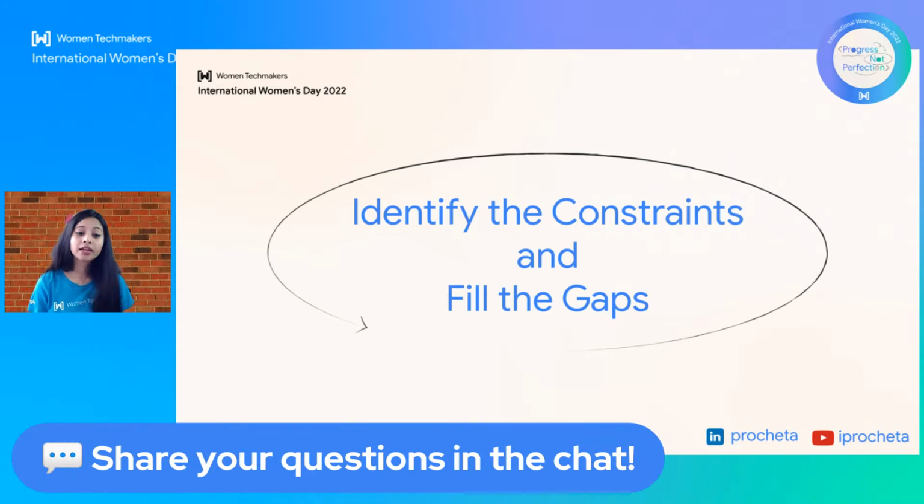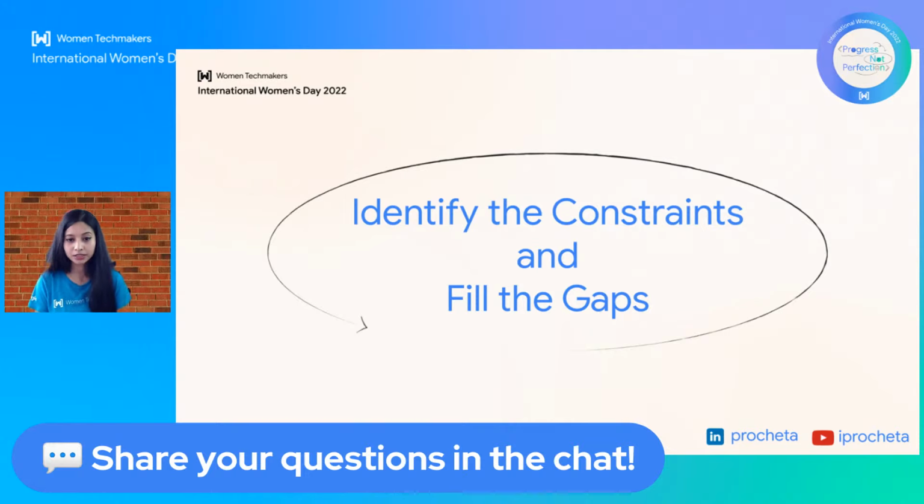And for that reason, the first thing, once you have set your goal, is to identify the constraints: what are the obstacles coming up on your way that will be blocking you from being what you want to be. That is what you need to overcome, because if you want to be that, you have to overcome those obstacles.